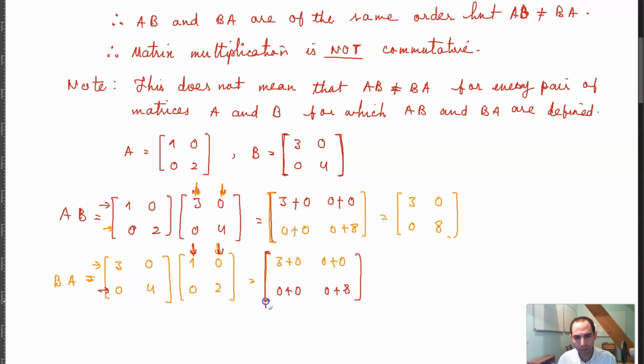That is equal to 3008. So as you can see, AB is actually equal to BA. But that is just one example.